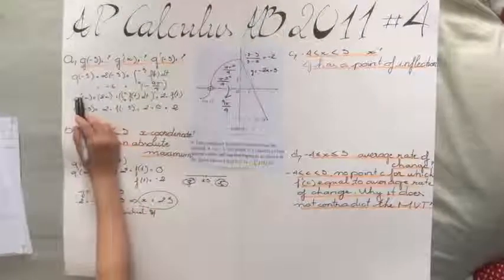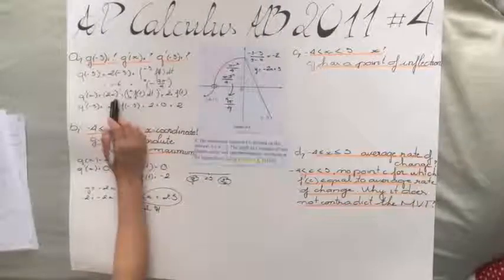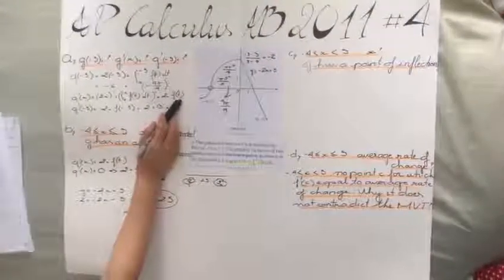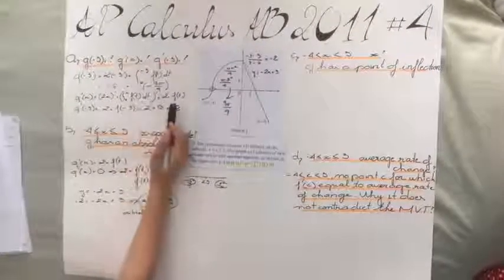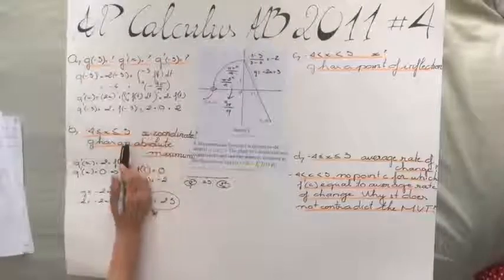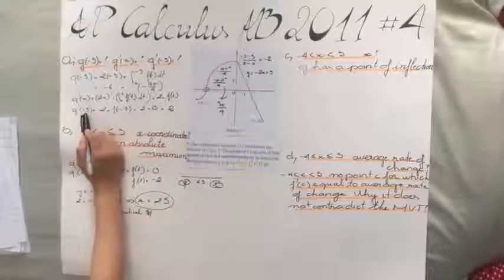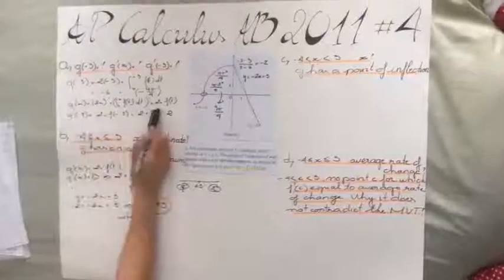Then we want to find g prime of x. We just need to take the derivative of each part in g of x. So we have 2 plus f of x, because the derivative of an antiderivative is just the original function. Now we have to find g prime of -3. So we just need to put x equal -3 into this function.